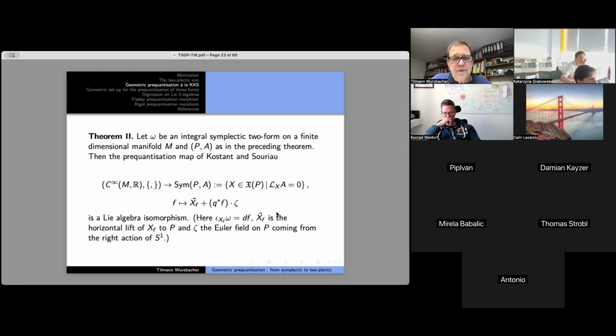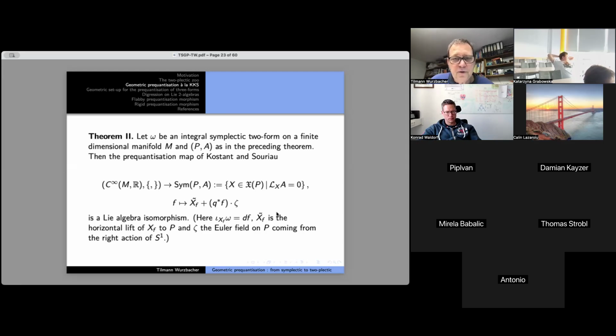And you have a map which goes to the symmetries of P with A, which is simply the set of vector fields on the total space P such that the flow preserves the connection form, L_X A equals 0.